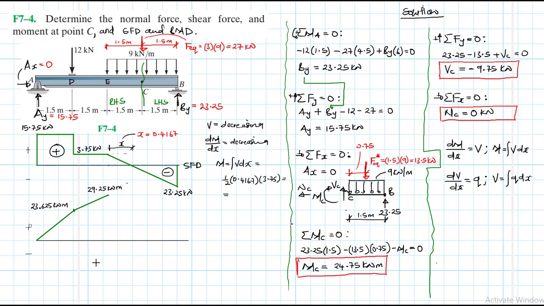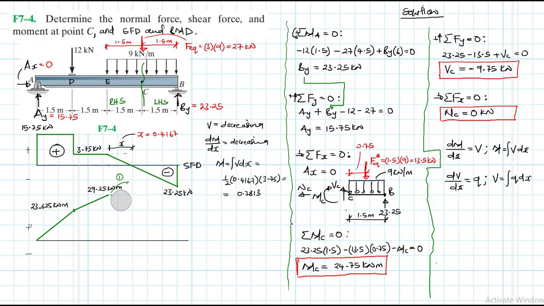This gives us 0.5 times 0.4167 times 3.75, which is 0.78, and it is positive, right? Okay, which of the two slopes here, which one is decreasing? This one here, or this one here?